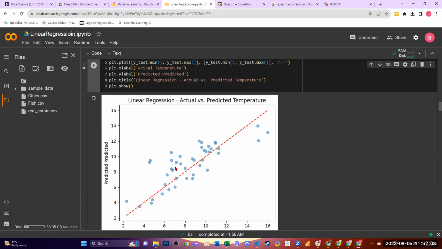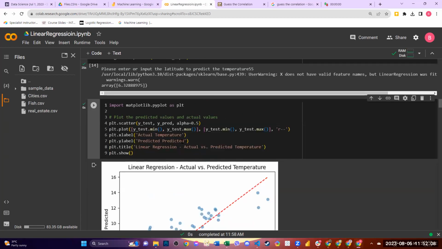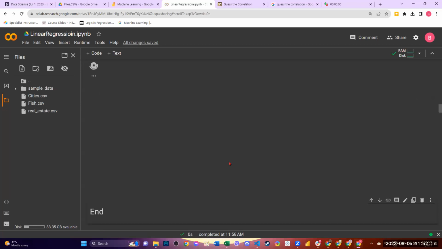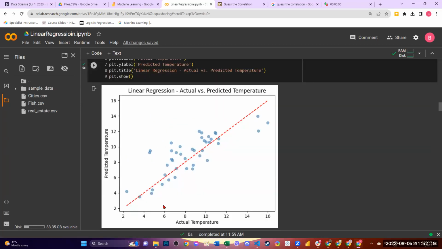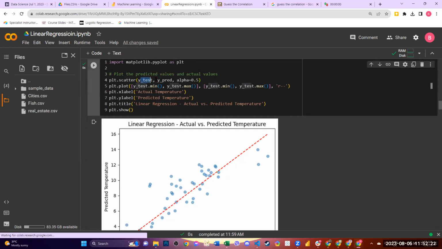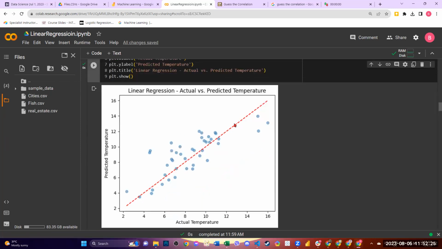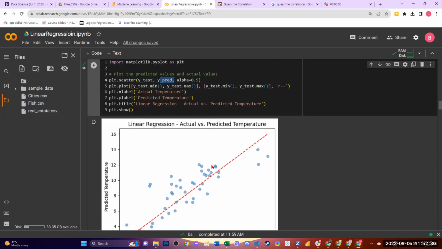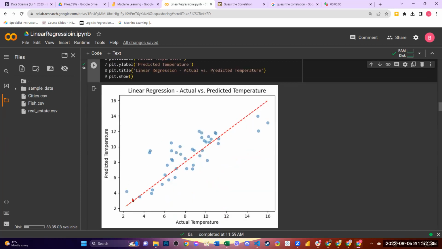Based on the X test and Y pred, these values come from the 20%, and this is the trend line. So the R squared of this trend line is around 59.